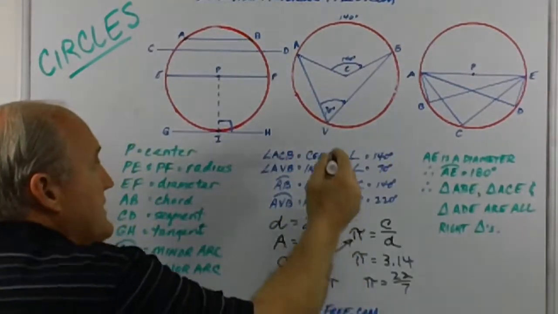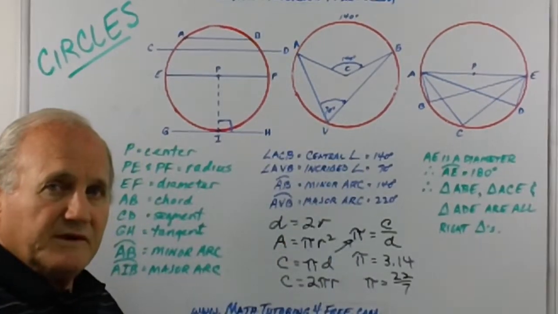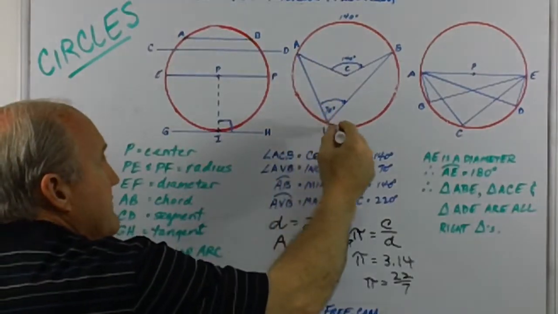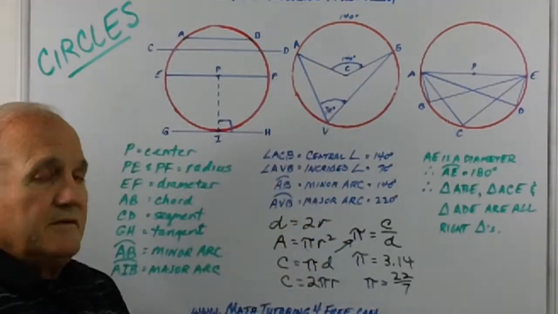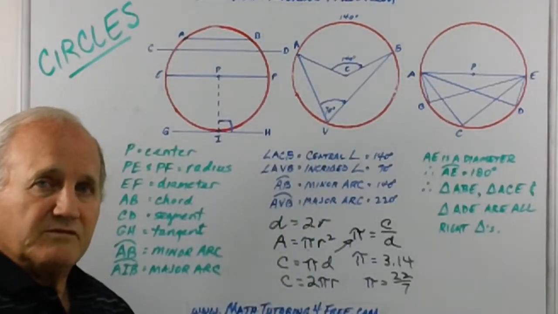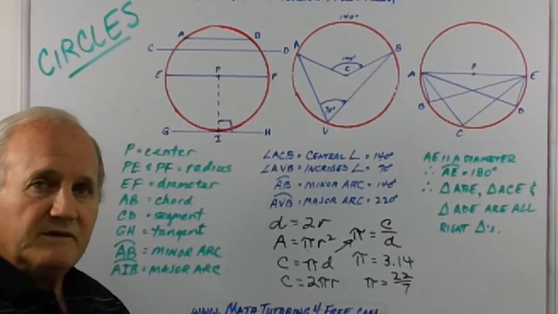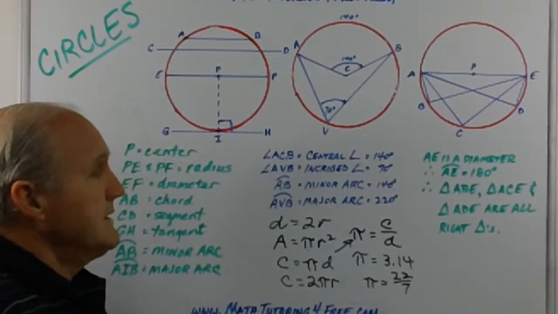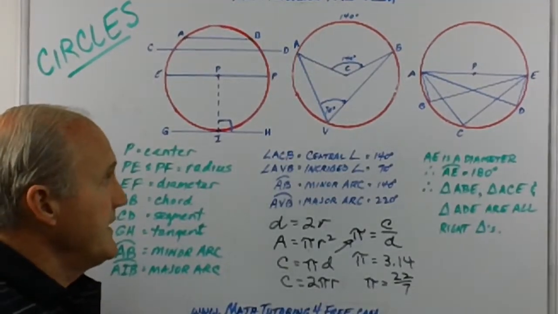So you would put in a third point, and this would become major arc AVB. The total of the two has to be the 360 of a full circle, so if the minor arc is 140, the larger arc would be 360 minus that, or 220.